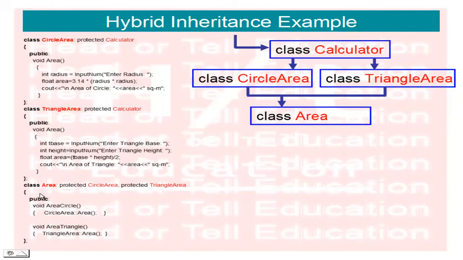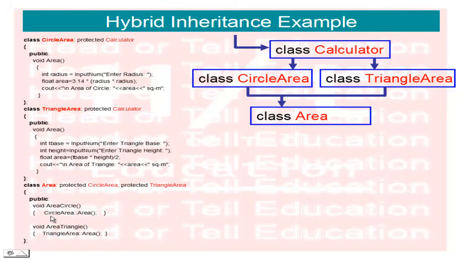So here I am using the class area, with protected circle area and protected triangle area. Here I have created two public functions called area circle and area triangle.